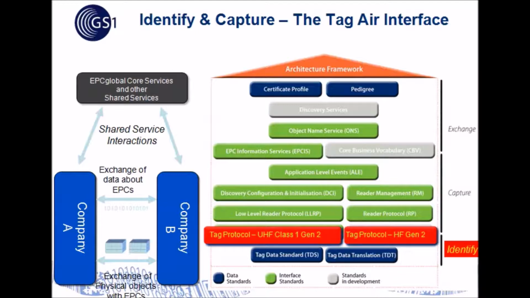And because EPC Global selected and defined the UHF tag protocol, company A and company B, even if they don't have the same RFID reader hardware, can still read the RFID tags.